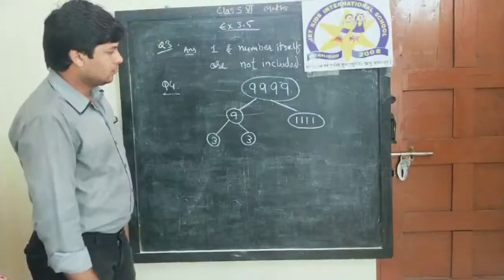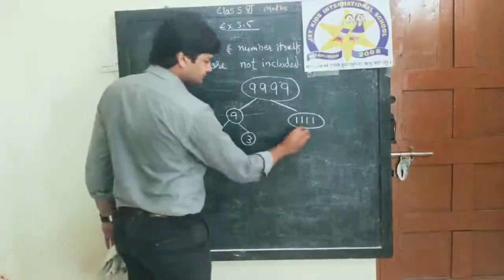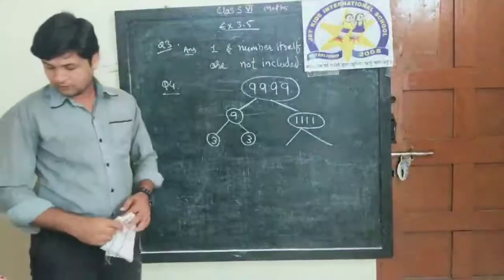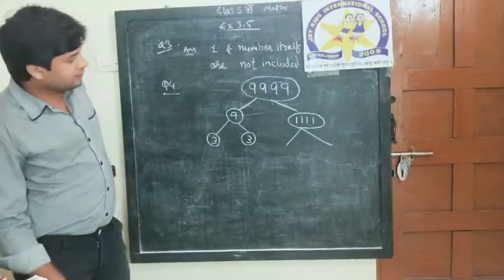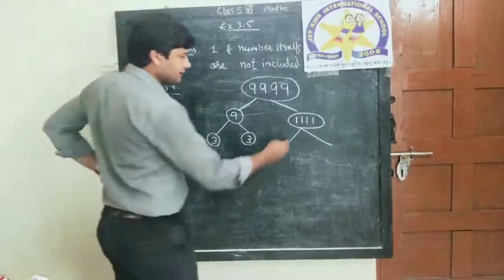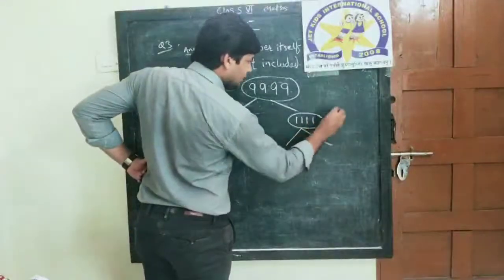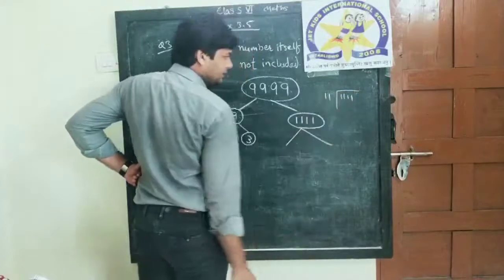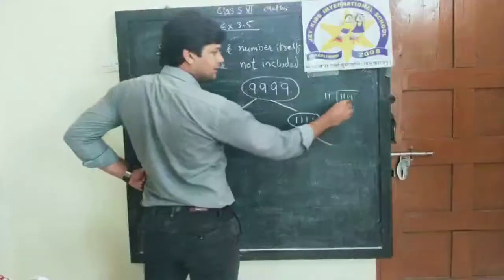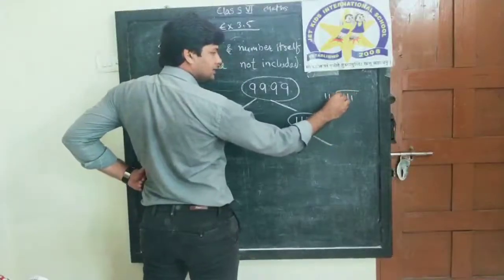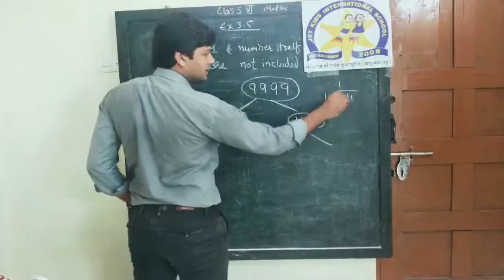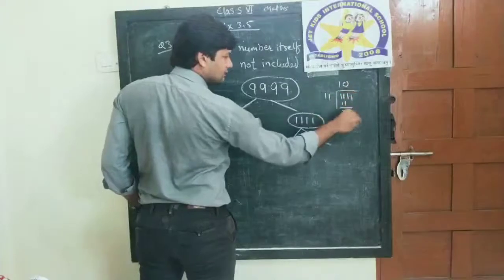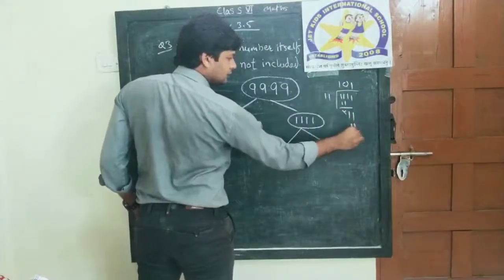Now, if I am taking the factors of 1111, you can see we can divide it by 11. If I divide, 11 ones are 11, 1, then 0, then again 1, 11 ones are 11.